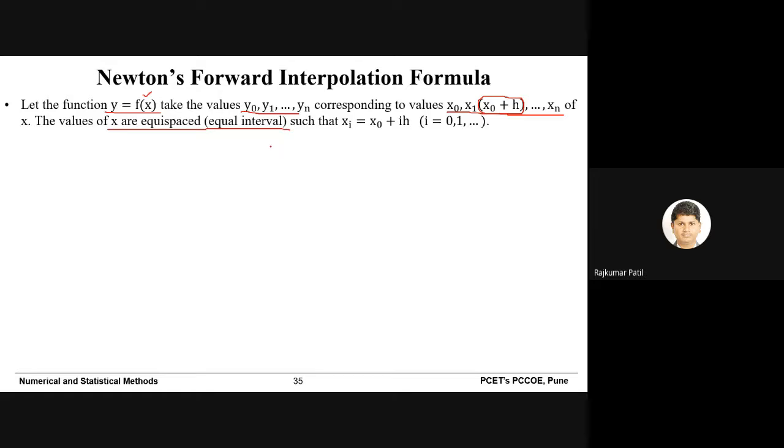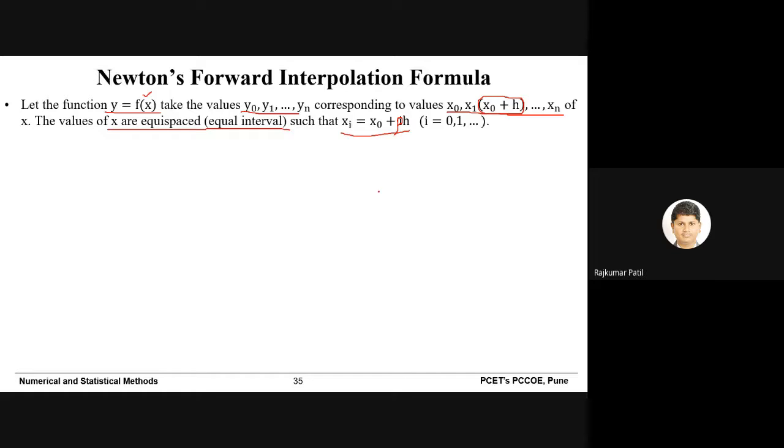When we say Lagrange's interpolation, the intervals are not constant, and here in Newton's forward, there will be a constant interval, and because of that constant interval, xi can be expressed as x0 plus ih. Sometimes this i can be replaced by p as well.